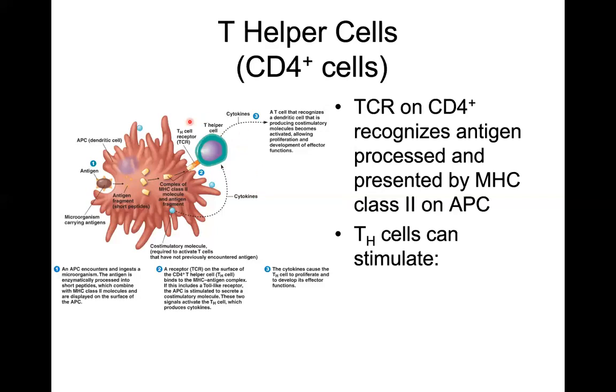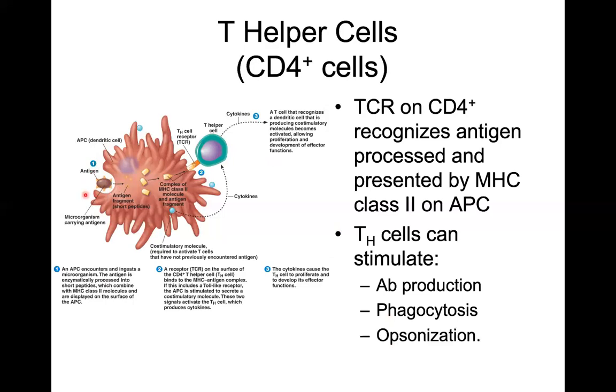And so this T helper cell can then stimulate the production of antibodies. It will release chemical signals called cytokines, and this can result in the generation of antibodies. It can signal to other cells to act in phagocytosis, basically to be on the lookout for whatever antigen was presented.